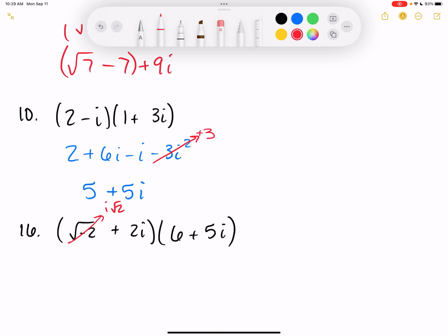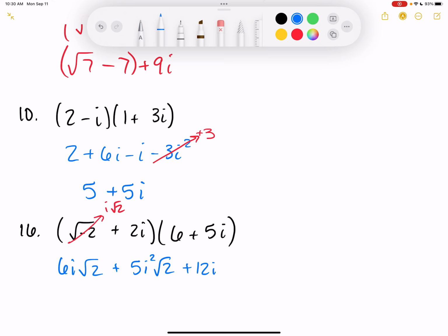Okay. Try this one more time. 6i square root of 2. And then 5i squared root 2. And then plus 12i. Right?